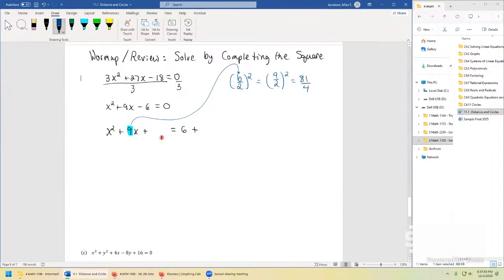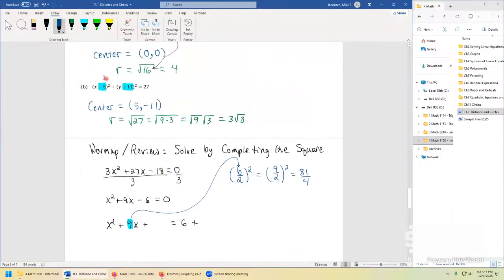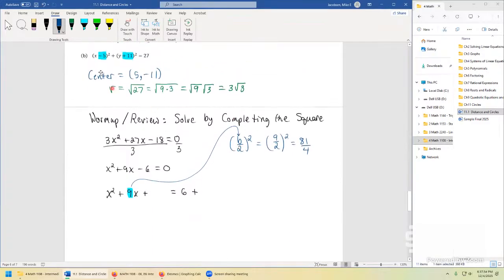So if we add 81/4 to both sides of this equation, we'll have the square completed, just like the square was completed on x minus 5 squared or the y plus 11 squared. Let's actually center back on that just as a reminder. So we'll go plus 81/4 here, 81/4 here as well.